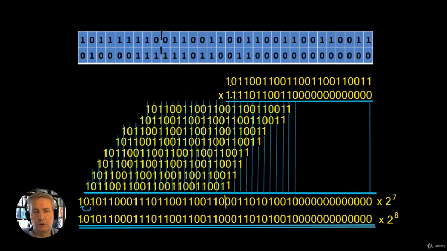Now there's one added complication here. Whenever we write out our normalized number, we make the assumption that it actually has a value of 1 in the front of it. But we don't actually see this one. This is a hidden bit. We don't actually need to write it down. We assume it's a value of 1 because it's normalized. But in order to work through the multiplication process, we have to take this into consideration.